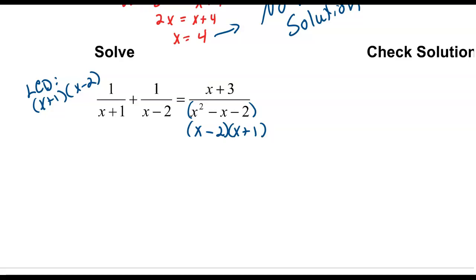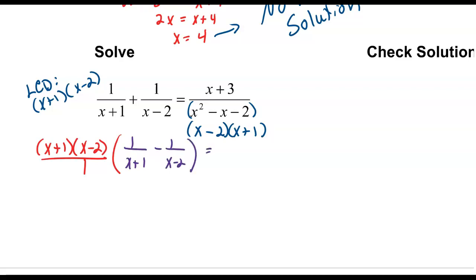Yeah, I'm going to have to get a common denominator in all of these. Now, not all of these, I should say multiply by our common denominator. Would you guys agree? So on the left, I'm going to go x plus 1 times x minus 2, and let's just do this so we can keep track of our brain that we're working with fractions, times 1 over x plus 1 minus 1 over x minus 2 equals, I have to do the exact same thing over here, do I not?